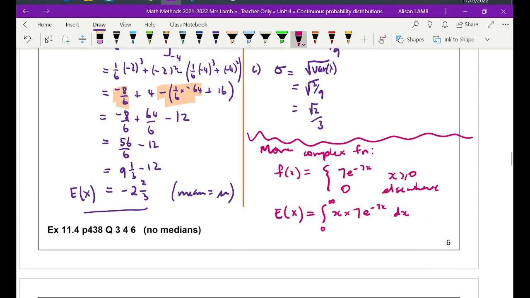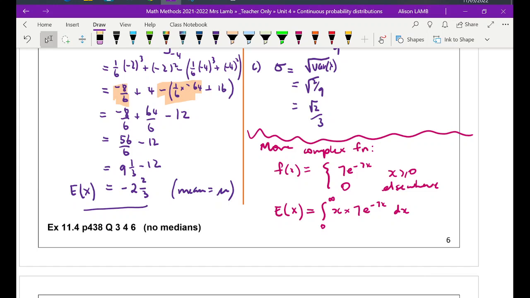Now, we can't integrate 7x e to the negative 7x unless we use integration by parts, so it would be unlikely to come up.